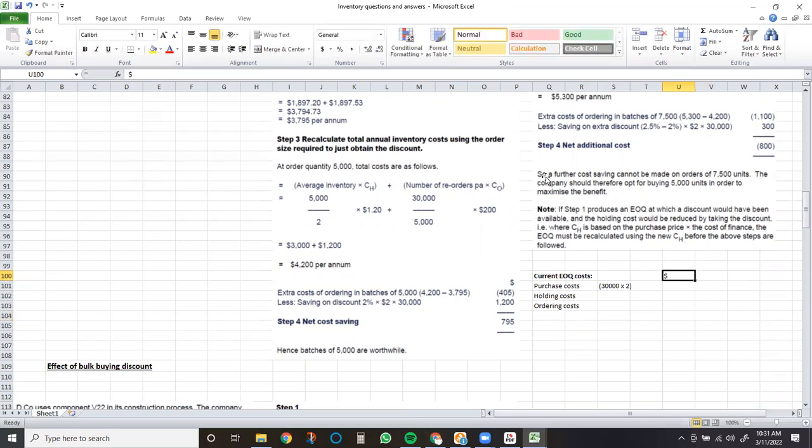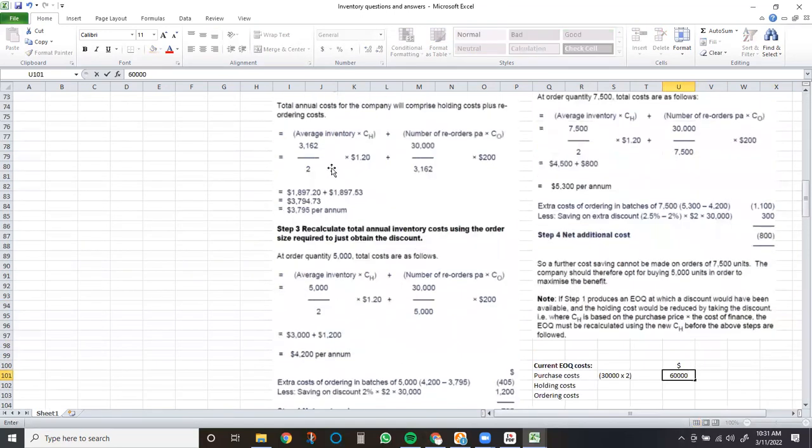And the holding cost on ordering cost, I'll just put the total 3794.